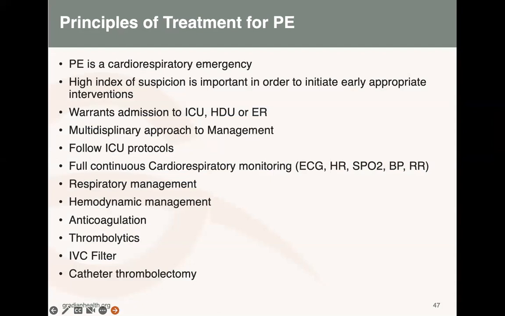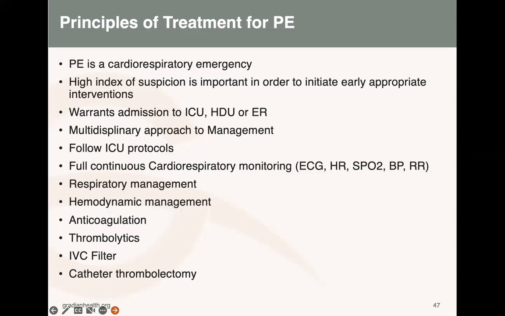So what are the principles of pulmonary embolism management or treatment? We have to remember that pulmonary embolism is a cardiorespiratory emergency. So as with any other emergency, the principle of treatment is A, B, C, D, E. Starting with A, you have to secure the airway and make sure that it's patent. On B, you have to make sure that the patient is breathing.